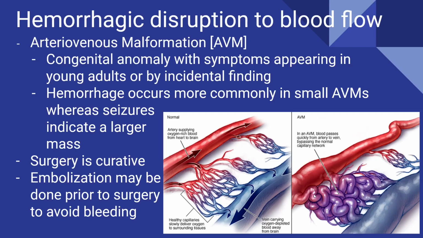But embolization isn't always the answer. So as far as the exam goes, just remember that prepping the patient for surgery will potentially be the answer. Or if they have bled, then it's getting them to surgery to repair the bleed.